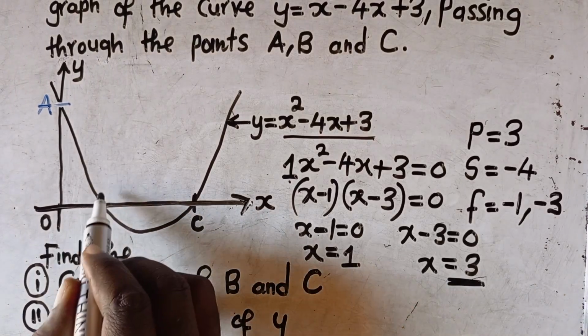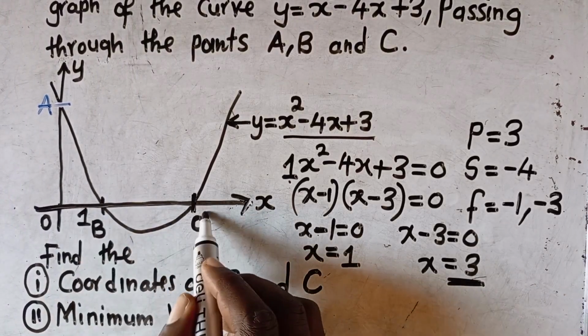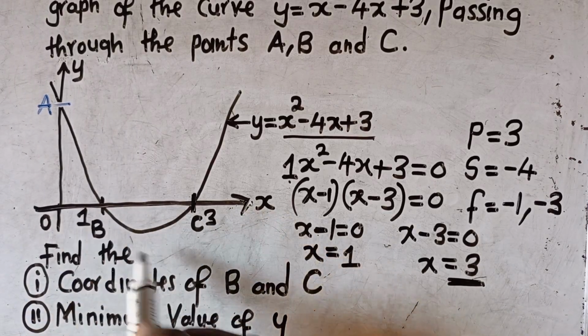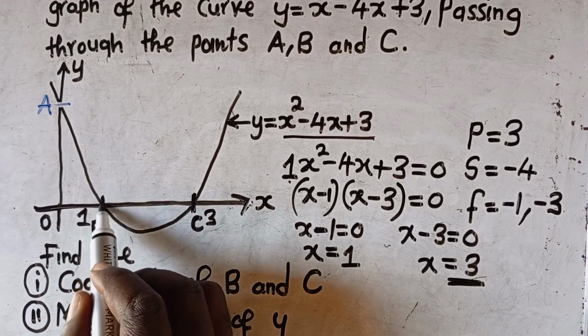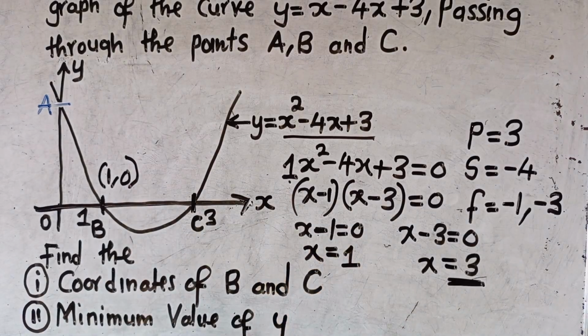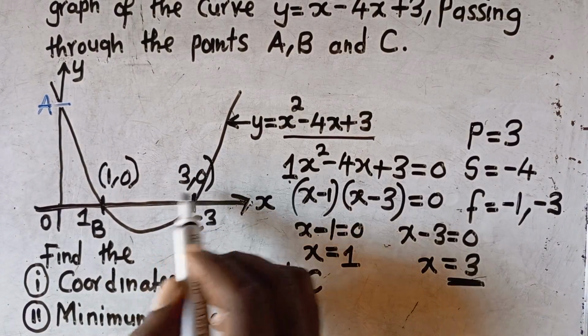So meaning that my 1 is here. I know that 1 is here. The 3 is here at that point. And I know that this is the x-axis, y is 0. So a coordinate that is there, that is 1, 0. On a coordinate, we always start with the value for x. Here, this is 3, 0.